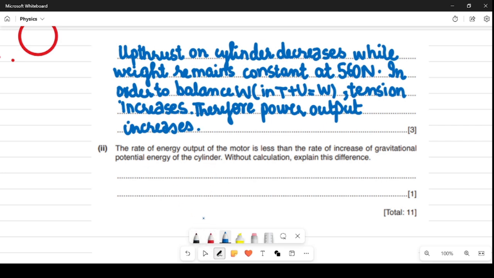Next part. The rate of energy output of the motor is less than the rate of increase of gravitational potential energy of the cylinder. Without calculation, explain this difference. Easy.